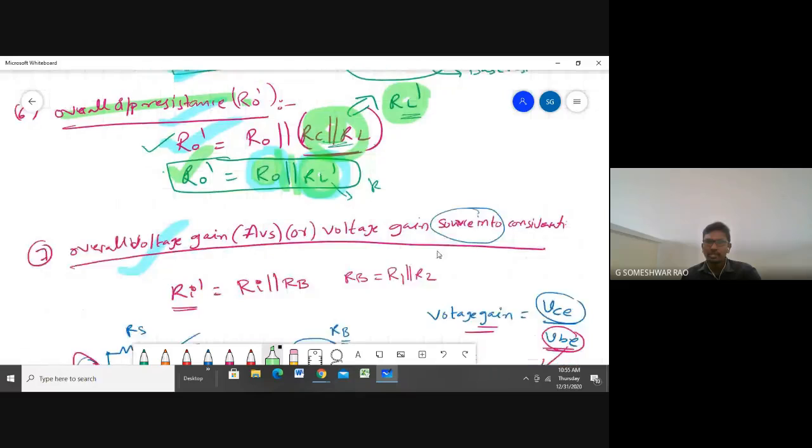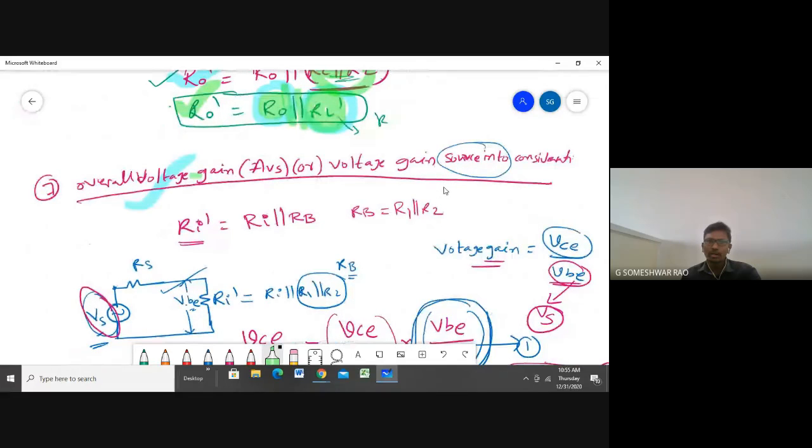Of course, we have also defined the overall voltage gain. This overall voltage gain is also called the voltage gain when the source is considered. The source here is the voltage source Vs. The moment you consider the voltage source, the voltage gain definition will vary.